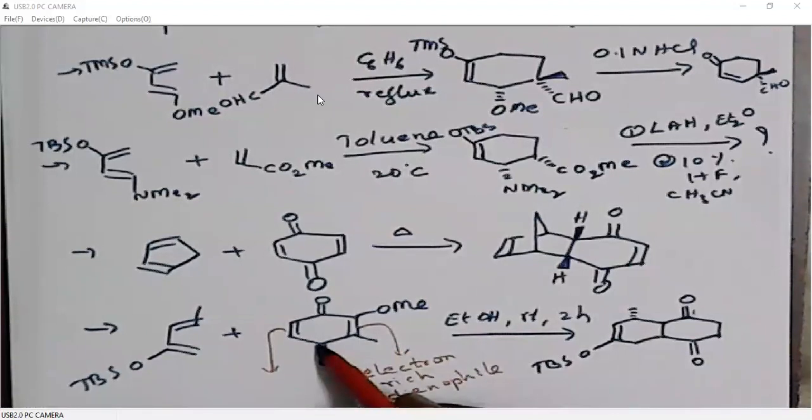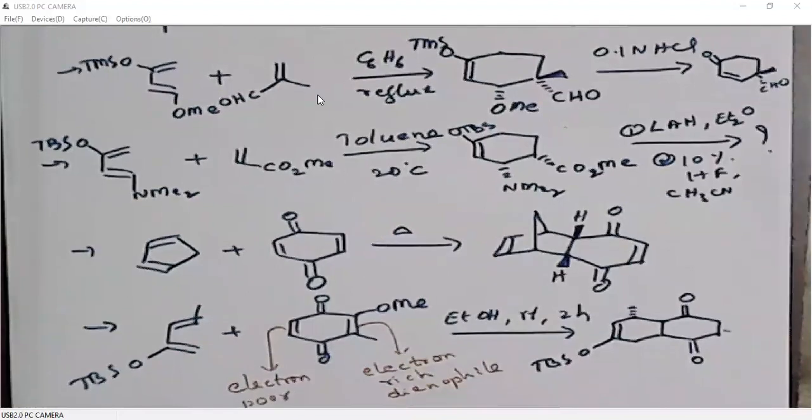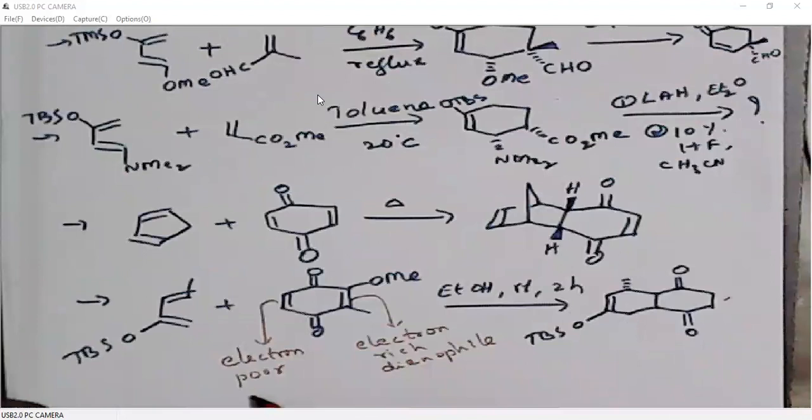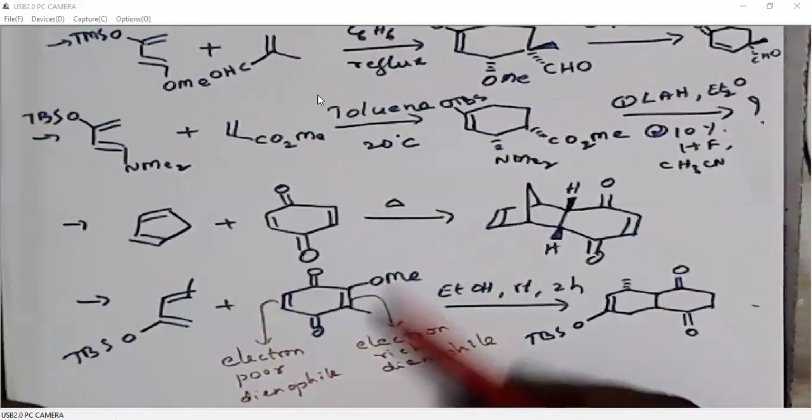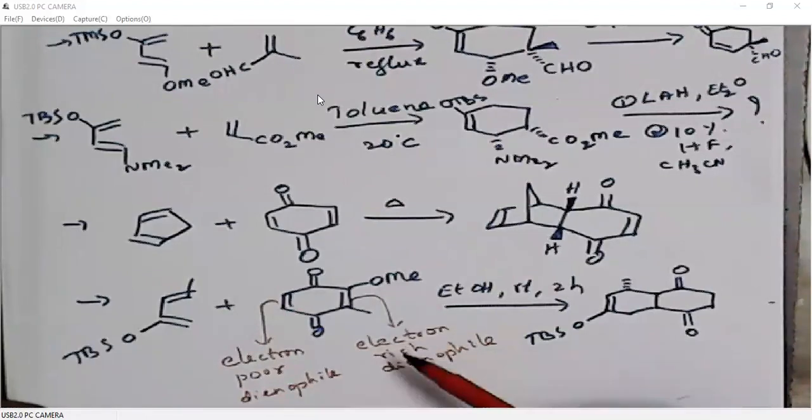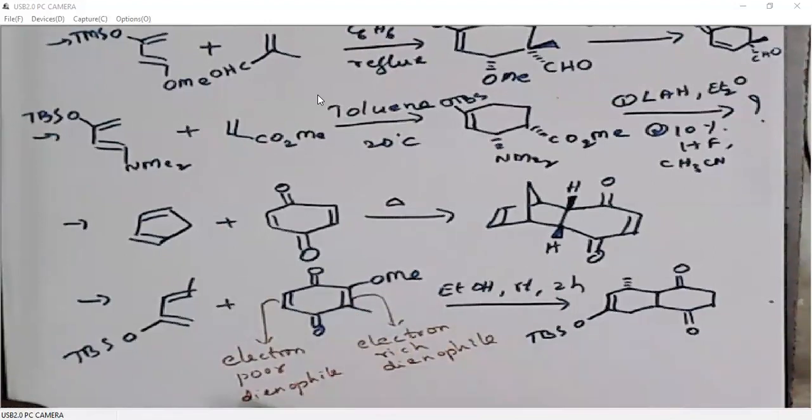This is C double bond O, this is C double bond O. So it has two electron withdrawing groups, so this double bond is an electron poor dienophile. Because of these two electron releasing groups, it is an electron rich dienophile. Because of these two electron withdrawing groups, it is an electron poor dienophile.